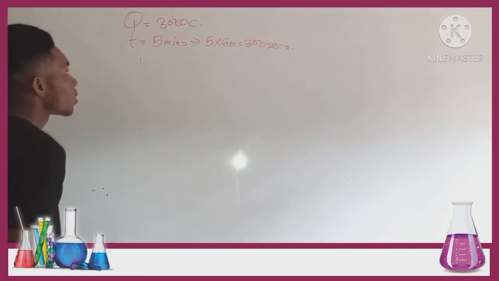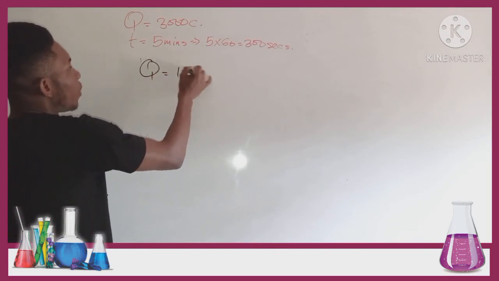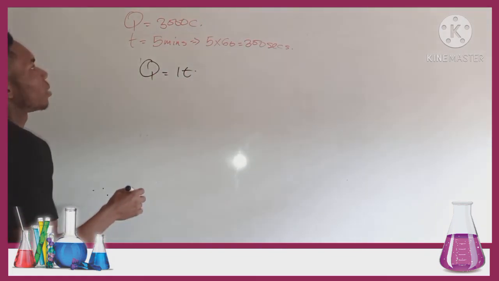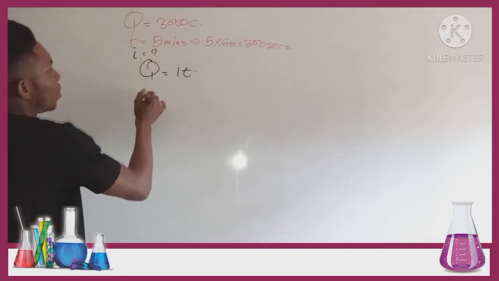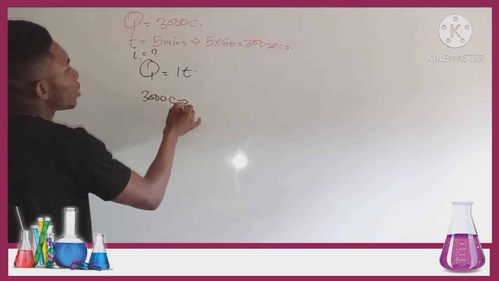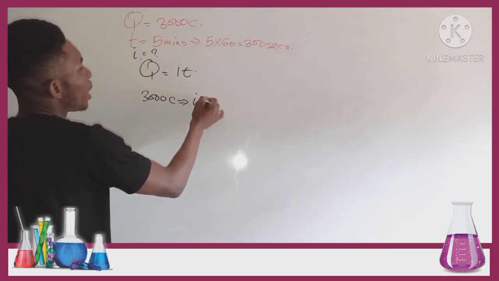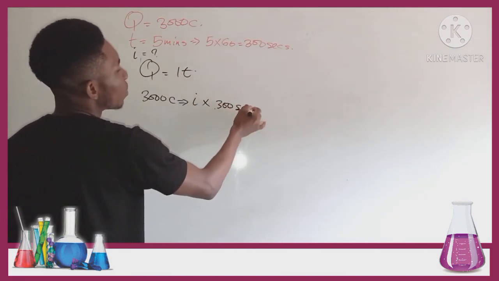Now, from our understanding of this, we stated that the formula for quantity and current is Q is equals to IT. If you're asked to calculate for the current, I is unknown. Our Q is 3000 coulomb, which is equals to I, what we are looking for, times T, which is 300 seconds.